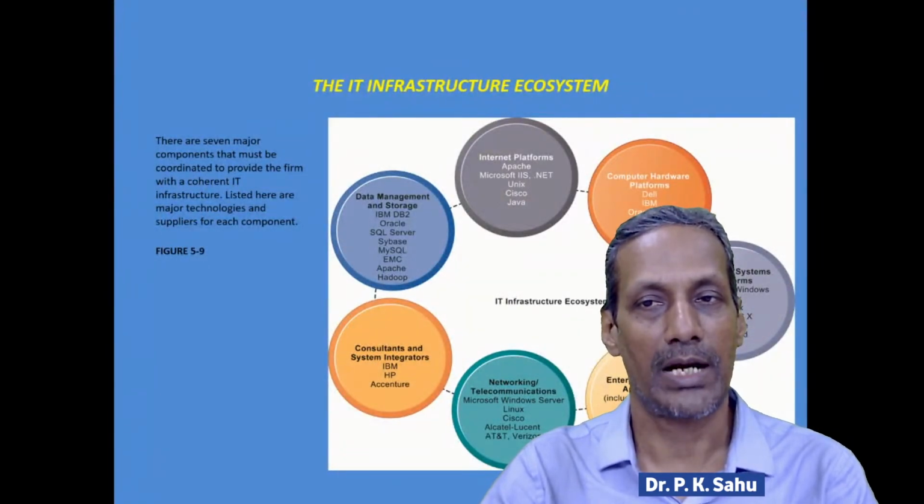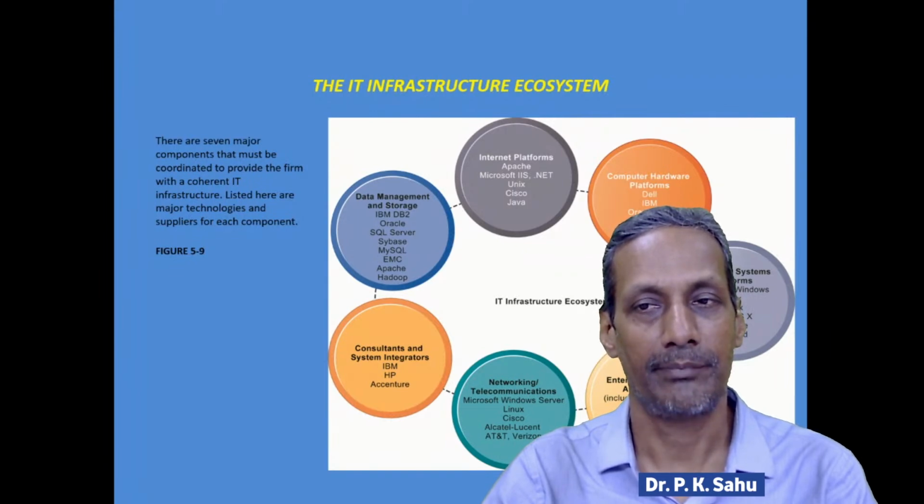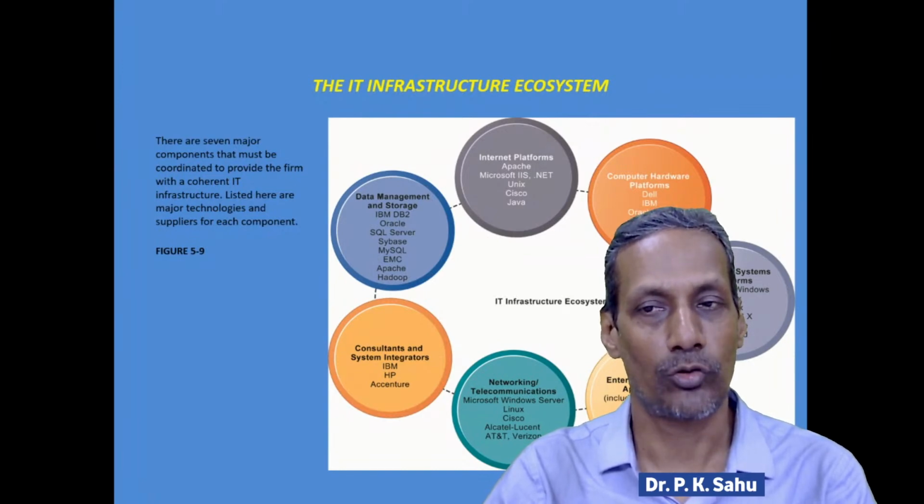First is the computer hardware platform. The famous vendors are Dell, Hewlett-Packard, Apple, IBM, and the operating system softwares. The popular vendors are Microsoft Windows, Unix. These are closed source operating systems.